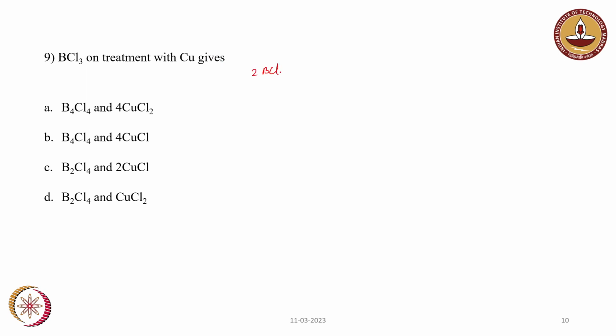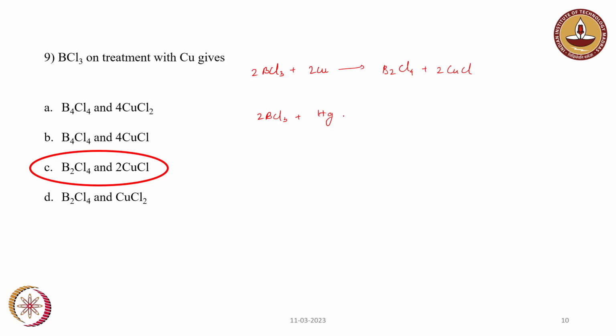So 2BCl3 plus 2 copper will give B2Cl4 and 2CuCl. So the answer is option C. And when we react BCl3 with mercury, it will again form B2Cl4. So 2BCl3 plus mercury will give B2Cl4 and HgCl2.